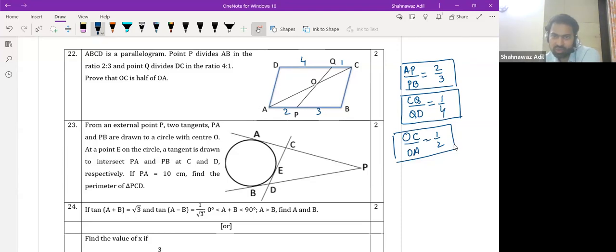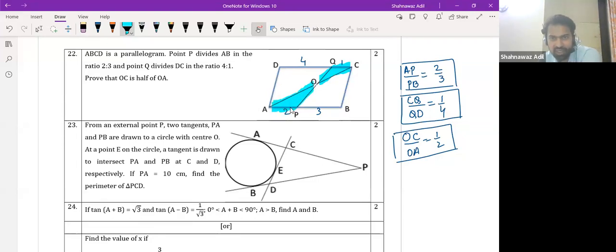How can we prove this? Yes. Let me give you a hint that you have to use these two triangles, this one and this one.